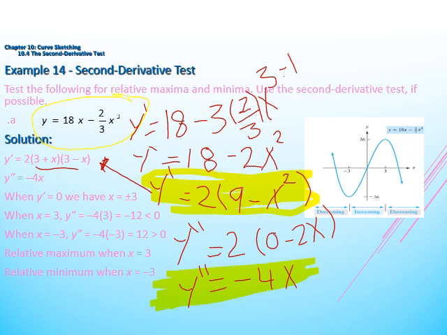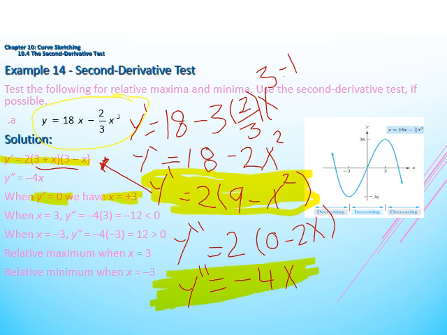Now, applying the second derivative test. If we set the first derivative equal to zero, y dash equal to 0, we can solve the equation and x may be equal to positive 3 or negative 3.